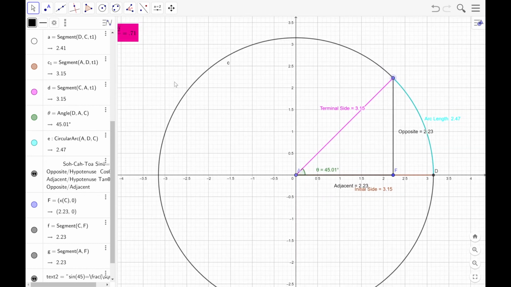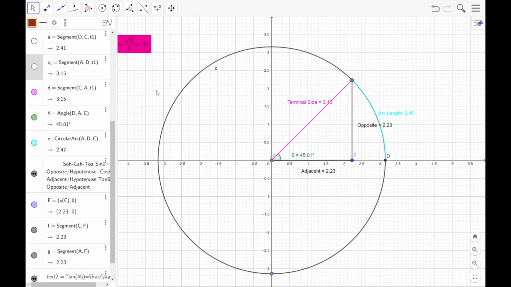Well, I've constructed a right triangle. So this angle right here is 90 degrees because it goes from vertical to horizontal, so I know this is a right angle. So right now I have a right triangle with, let's just assume, 45 degrees. When I did the practice run, I was able to get exactly 45 degrees, but it's not working this time.